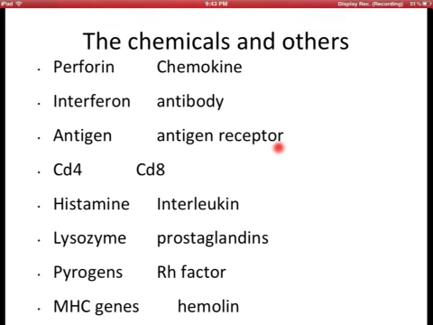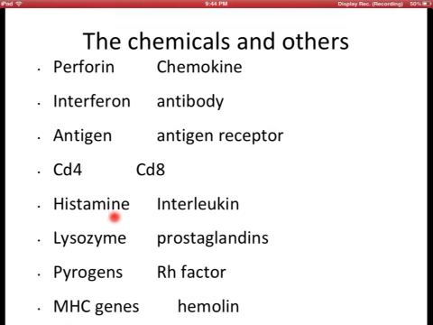Antigen receptor, where your, let's say, helper T cell attaches to, or where an antibody will attach to prevent action of a pathogen. CD4, CD8 found in your helper T cell. Ito po yung nagre-recognize, ito yung nire-render inactive specifically ng AIDS or ng HIV.